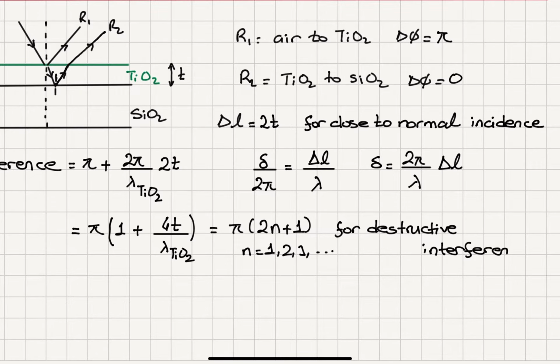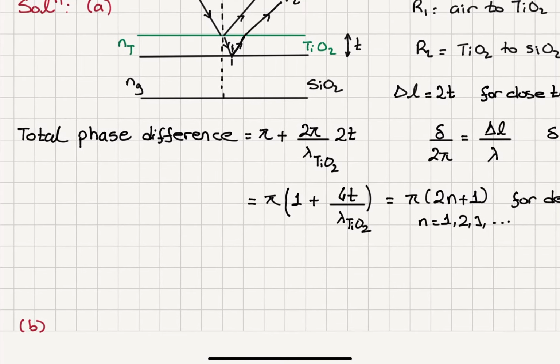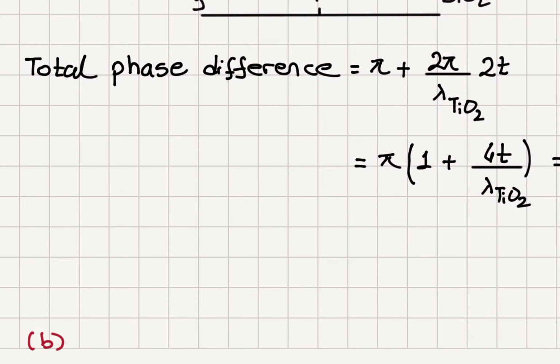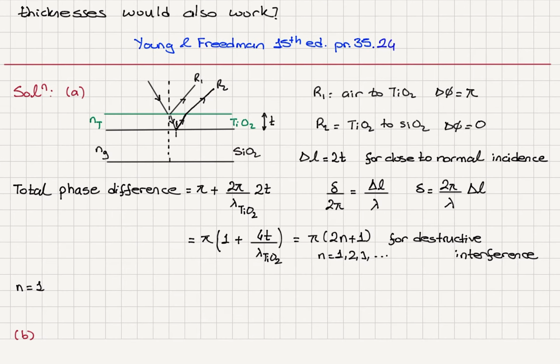Okay, so we can solve for the minimum thickness by setting n equal to 1. So if n is equal to 1, we're going to get the phase difference becoming (2 + 1) pi, 3 pi.